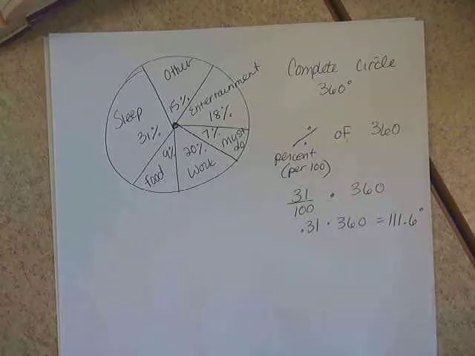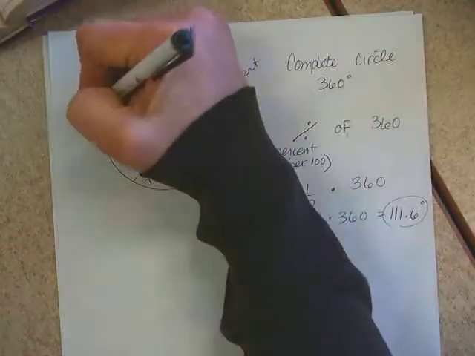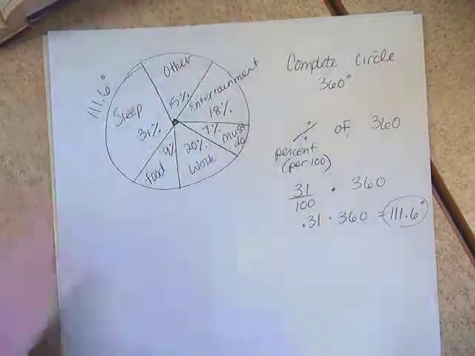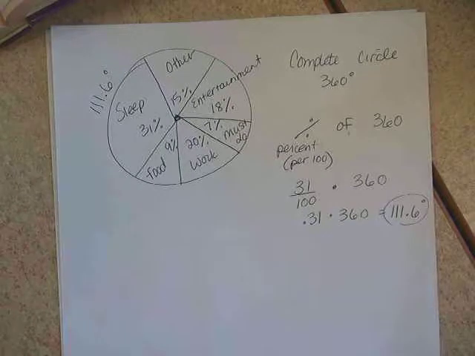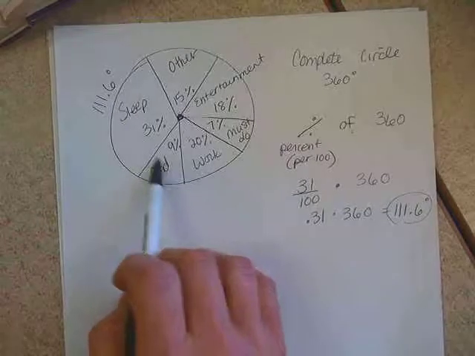So if you're really being exact, you do 111.6 degrees for that portion of your circle. If you want to be somewhat exact, maybe do 111.5. But if you're rounding, you should round to 112. Okay, so that part should be 111.6 degrees.